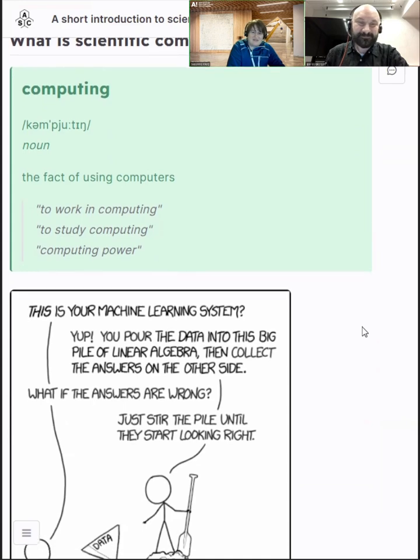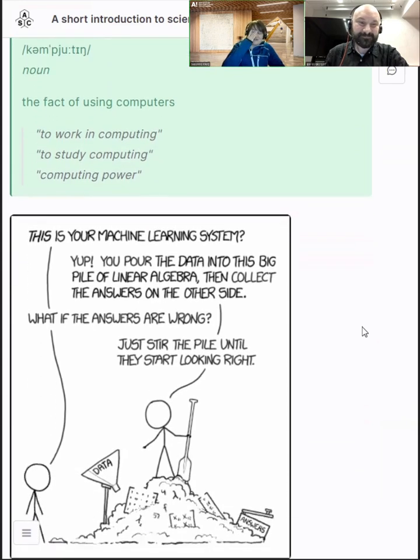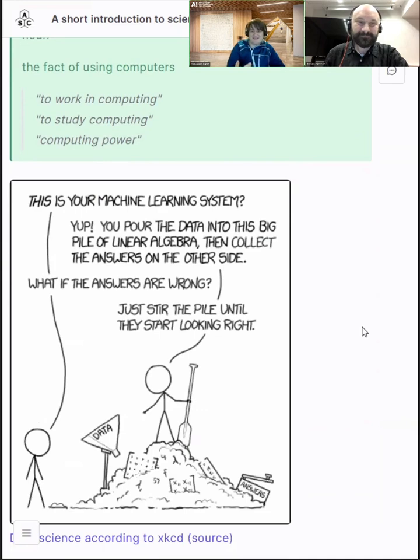And then obviously you would want to ask, what is computing? Well, computing is using computers instead of pen and paper to solve your problems. So solving problems with the help of computers to help research is what scientific computing is about.